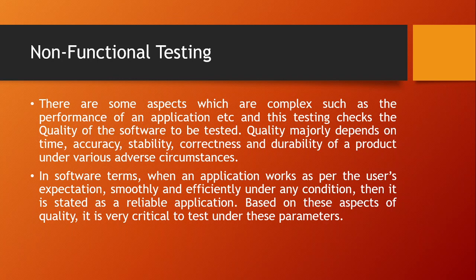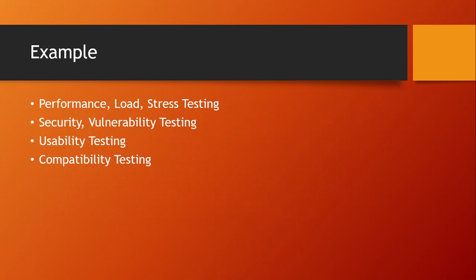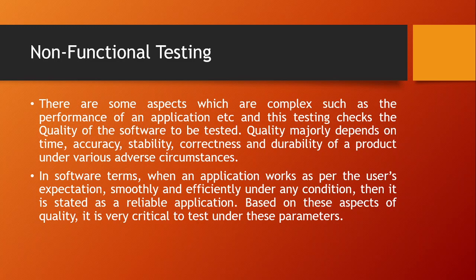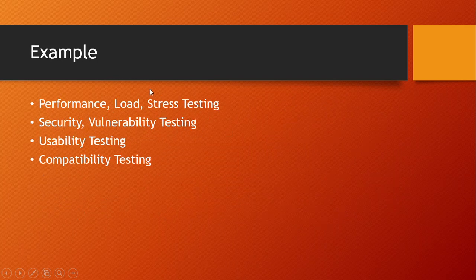Based on these aspects of the quality, it is very critical to test under these parameters. Before we go to the examples of the non-functional testing, we will look at the parameters. The parameters we are talking about are performance, load or stress testing, security or vulnerability testing, usability testing, and compatibility testing.